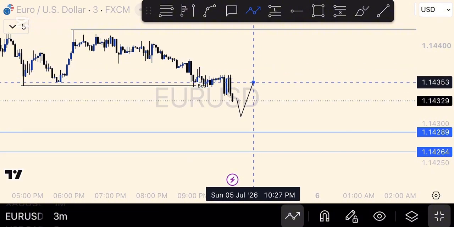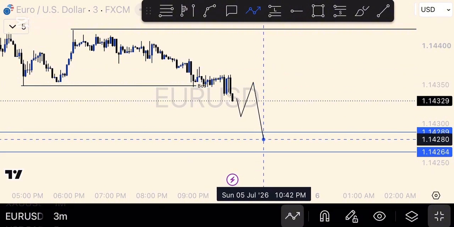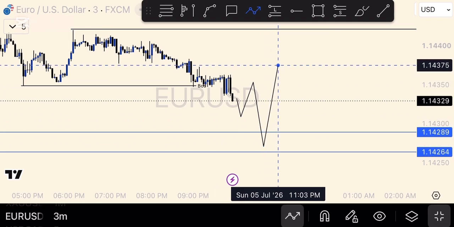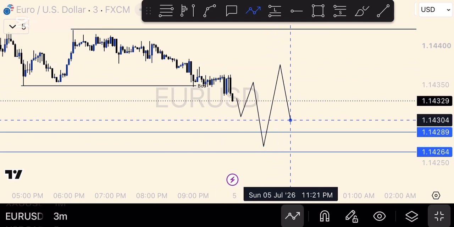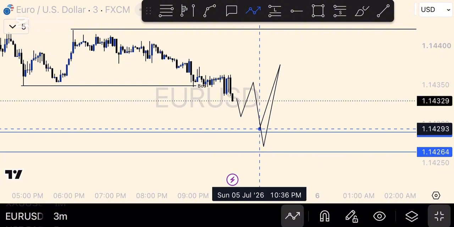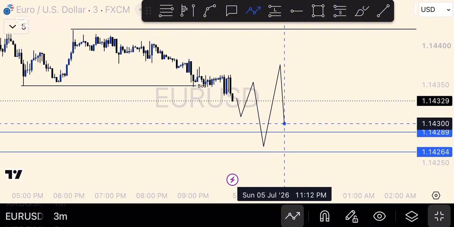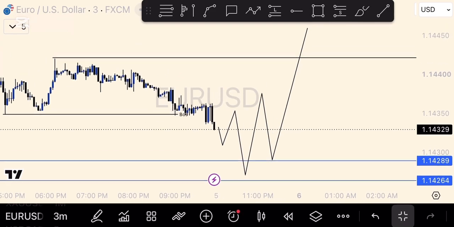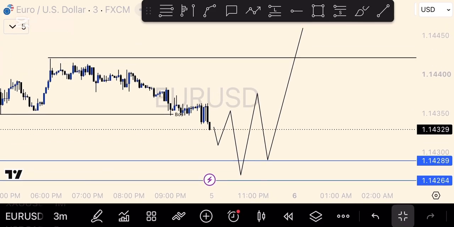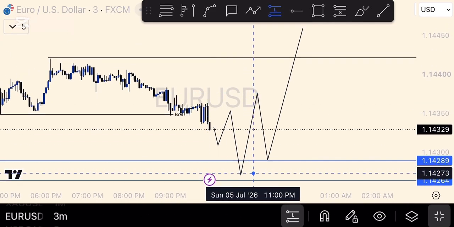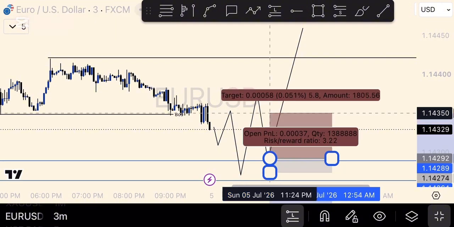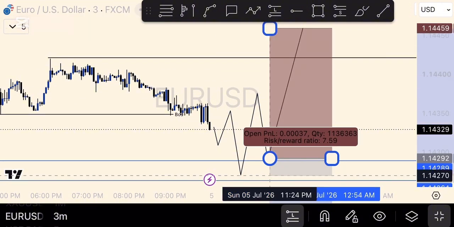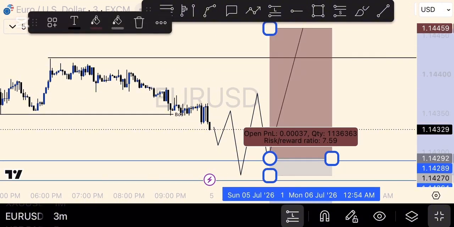Push up, not above this, push down, then taking out this, then we can join from the pullback from any zone that is right here, or other block or liquidity or anything that we can join, then joining to break this high, which gives us a good strong confirmation that we are buying.